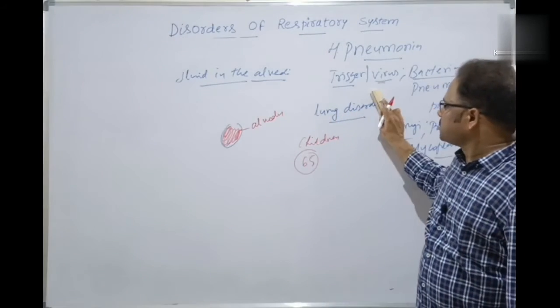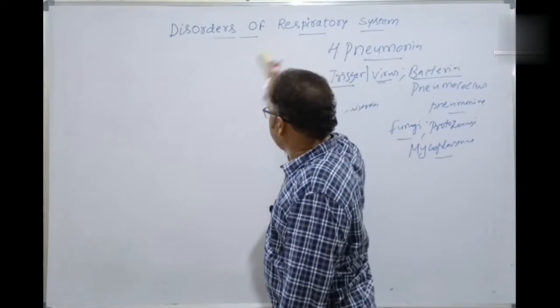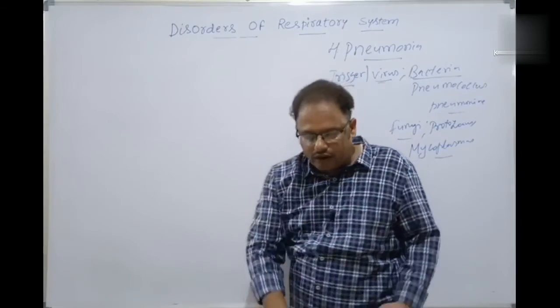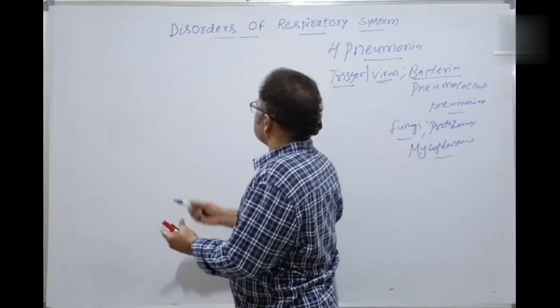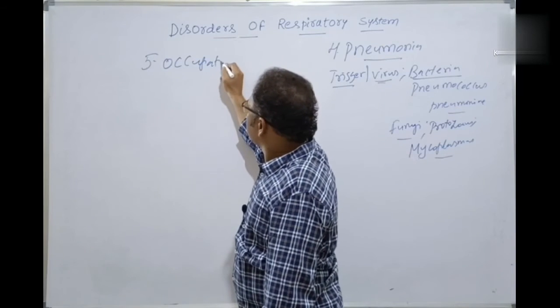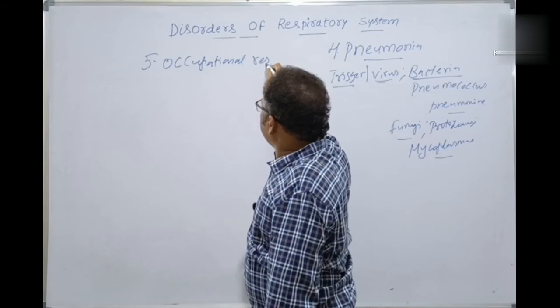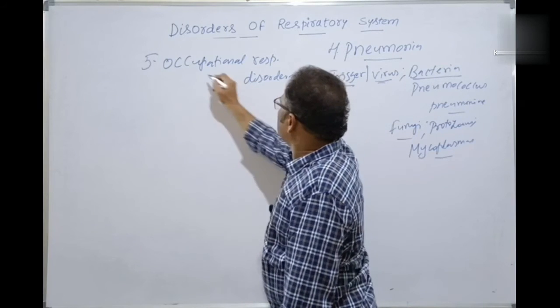Okay, students, next one is the occupational respiratory disorders. This is given in NCERT. What are the different occupational respiratory disorders? So, number 5, occupational respiratory disorders. What is occupation?